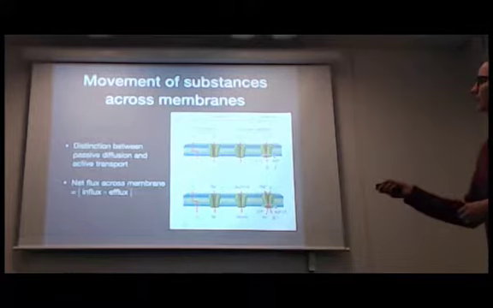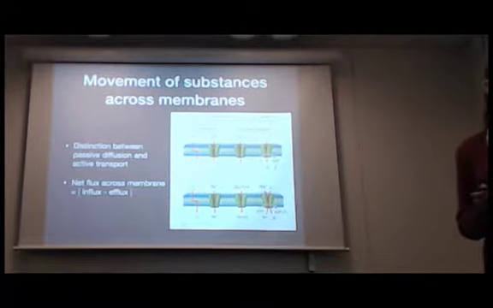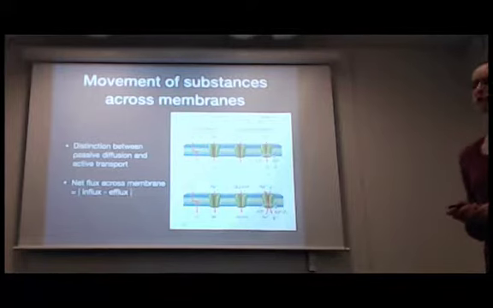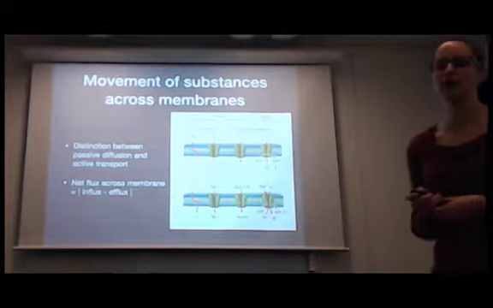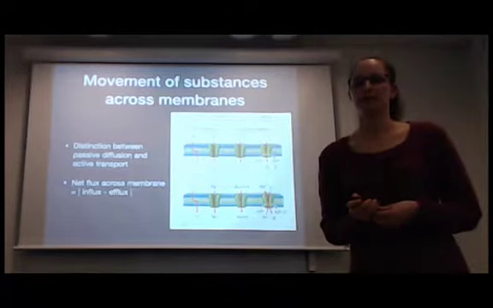You can see here that species A is more abundant outside of the cell and less abundant inside, so the natural direction of transport will be towards the inside of the cell. We'll come back to the thermodynamics of this in a second.